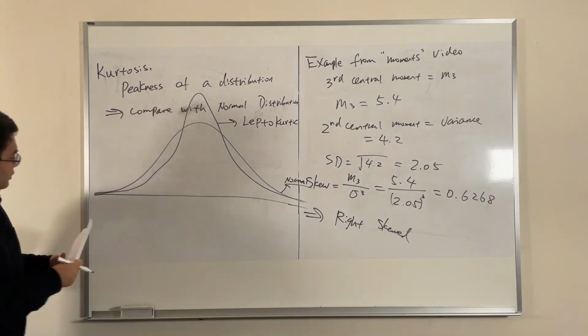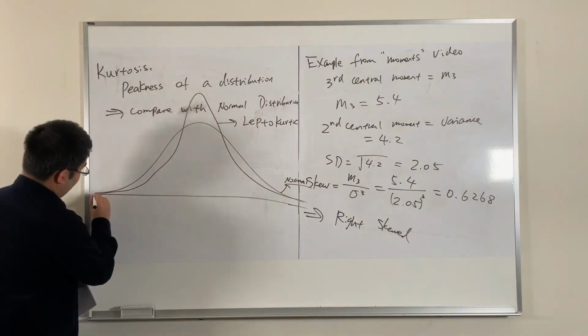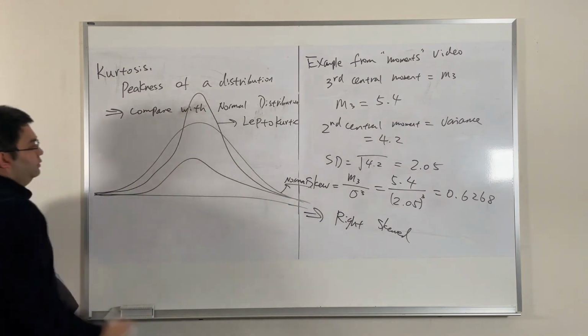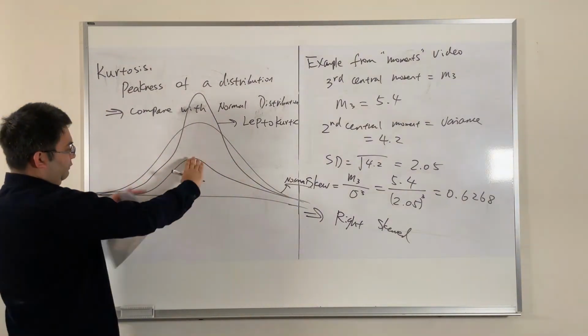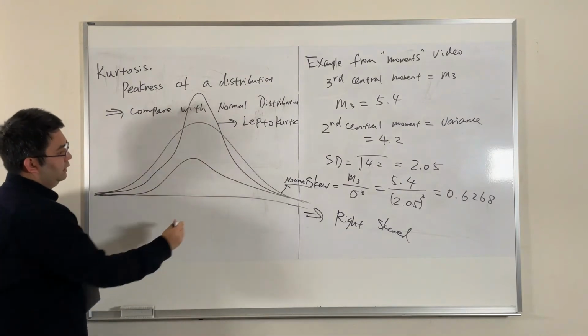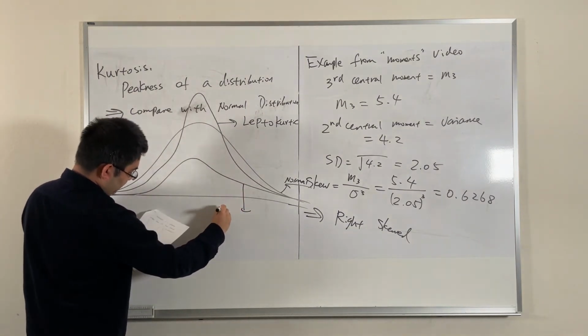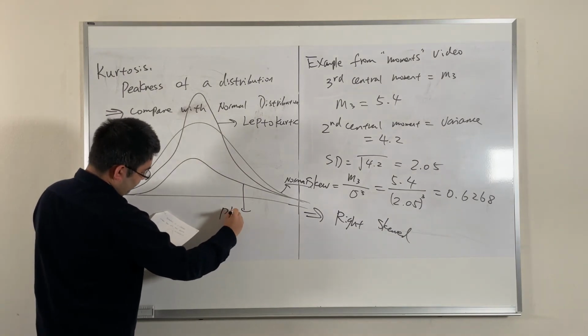And then if the distribution you have on hand is flatter than the normal distribution, if it's more flat, then this is what we call platykurtic.